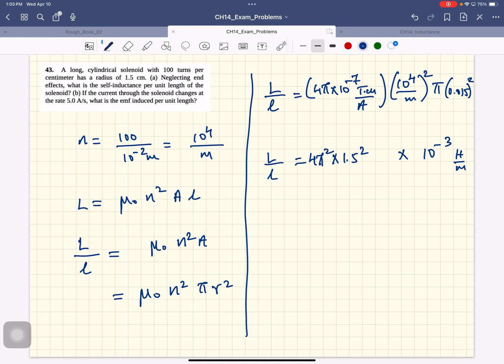All right, so let's see. So this is 88.8 millihenry per meter.